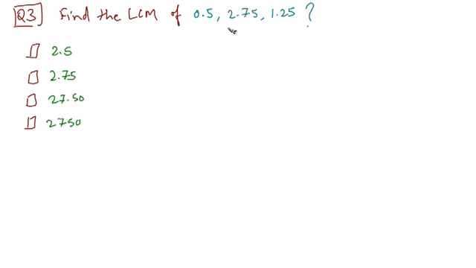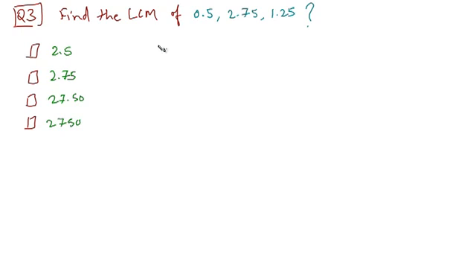Then you have to calculate the LCM of the resultant numbers, and then to find the correct LCM of numbers with the decimal point, you have to recover the decimal point by dividing the calculated LCM by the number which you used for removing the decimal point. So let's first remove the decimal point.